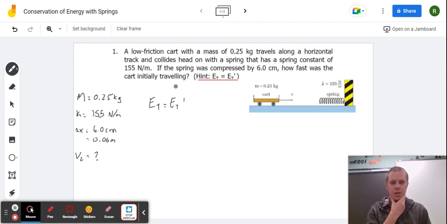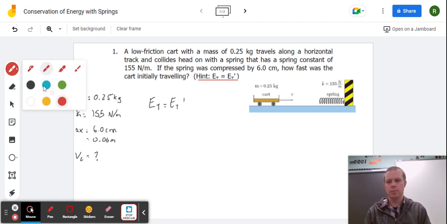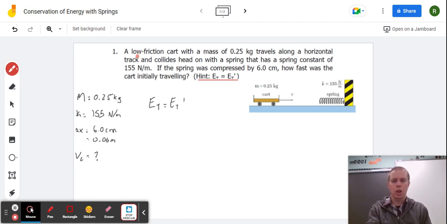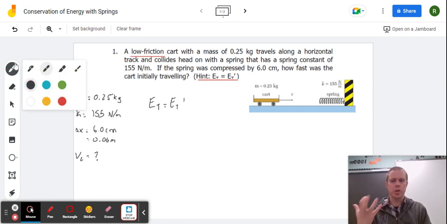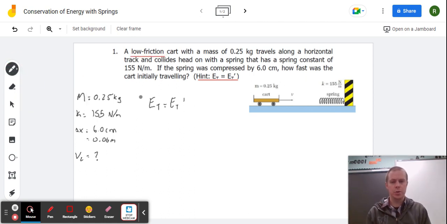So at the start, the only thing the cart has is velocity, right? This low friction cart is kind of your clue that friction is not going to play a role in this question.